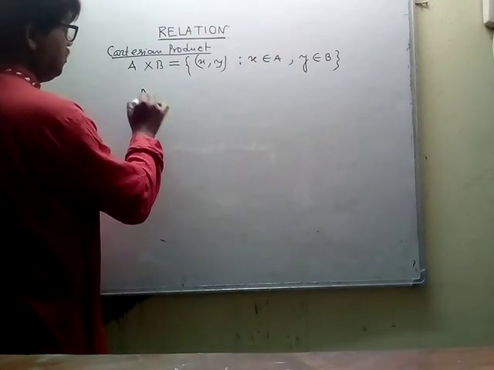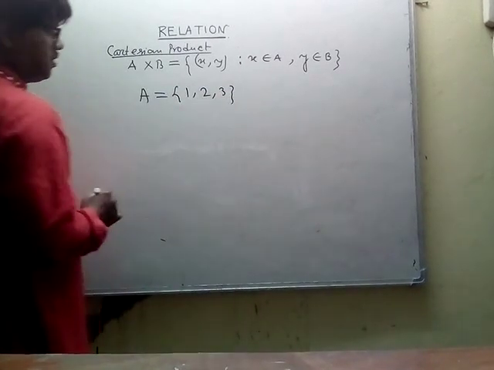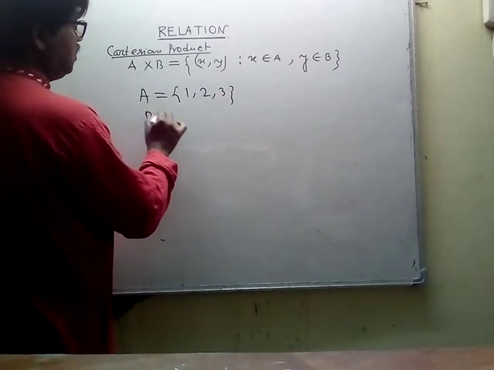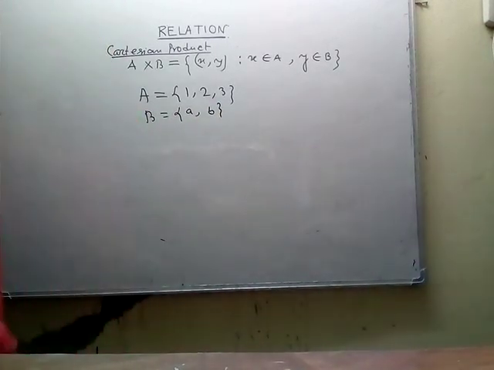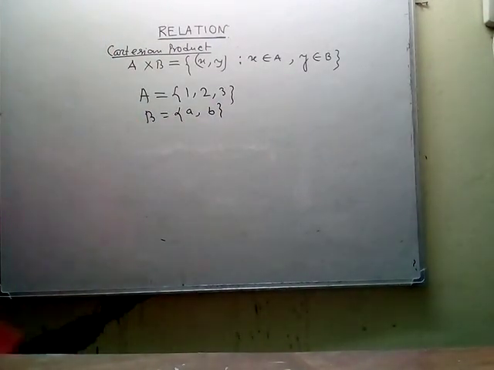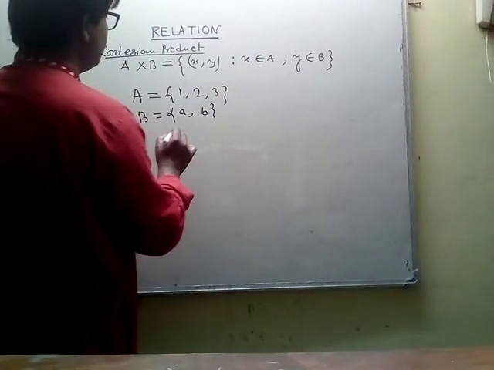Suppose for an example, let A equal to {1, 2, 3}, three elements, and B equal to {a, b}. A consists of 1, 2 and 3 and B consists of a and b.